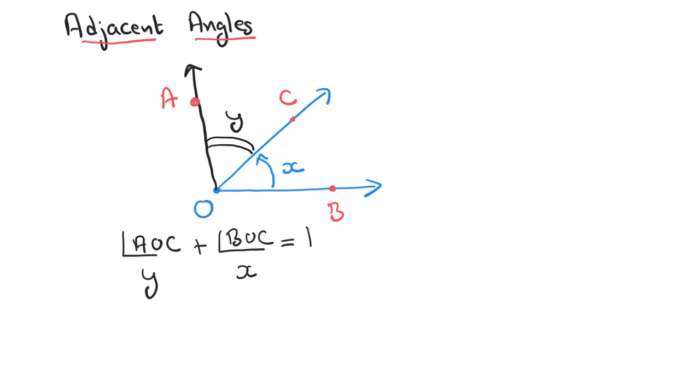So adjacent angles, you understand now, have a common arm and a common vertex, and the two arms are on either side of the common arm. So these are called adjacent angles.